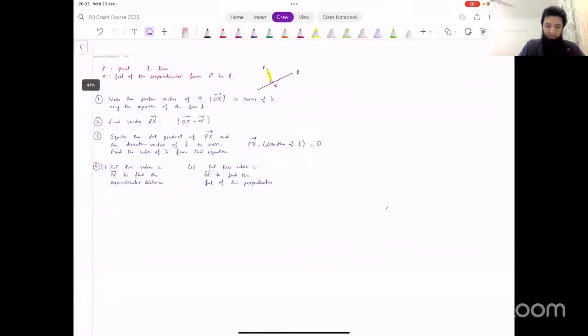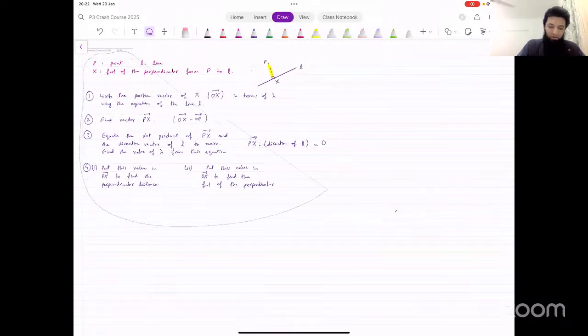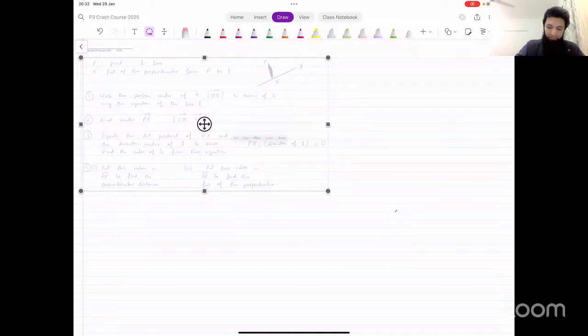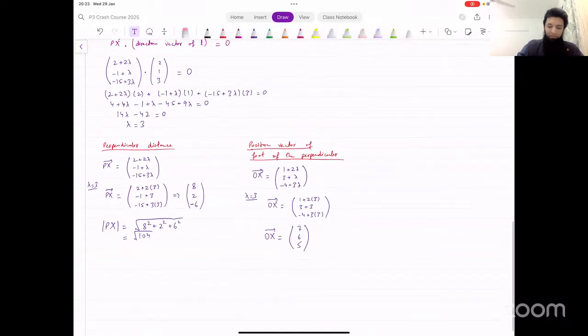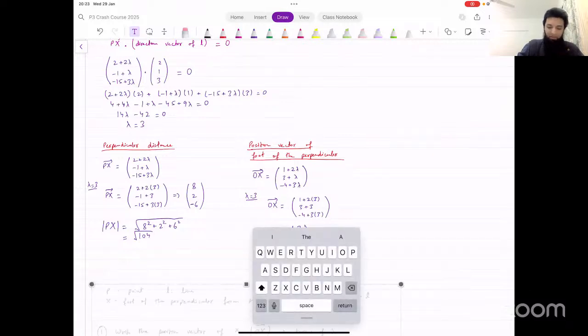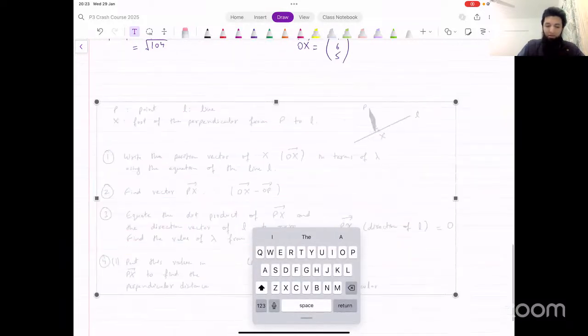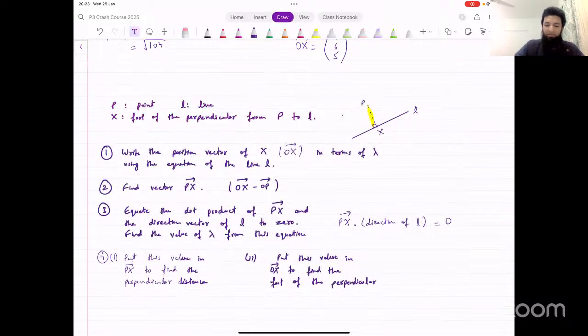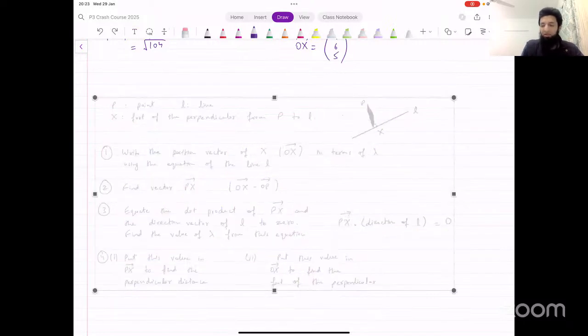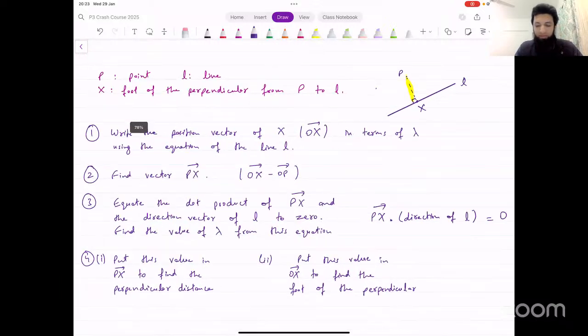This is the summary of what we have done there. I'll just copy it there. You have to remember these steps now. In the exam, it's very difficult to think of this whole logic yourself. You need to memorize the steps in this process. This is one thing that I actually recommend memorizing.